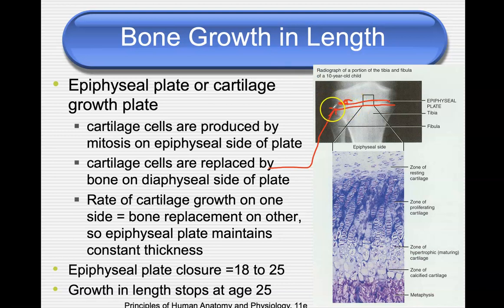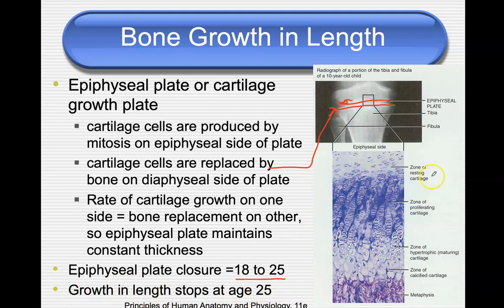And then what happens is this ossification side will catch up to that cartilage side, and eventually that epiphyseal plate will completely close. And that will be at about around 18 to 25. Typically younger in females, and a little bit later in life in males. And usually by age 25, your interstitial growth, your growth in length, is stopped.